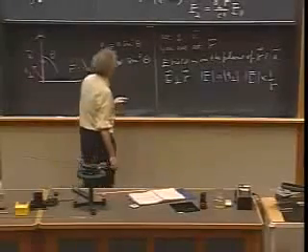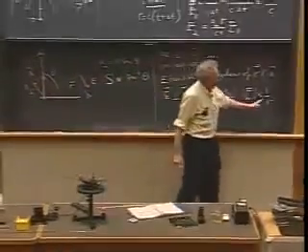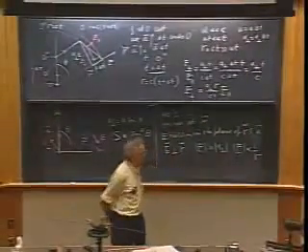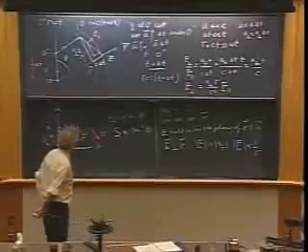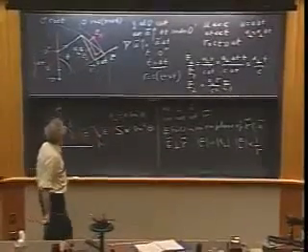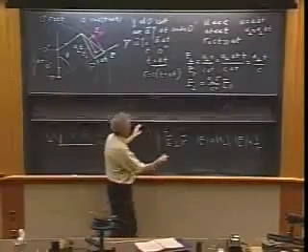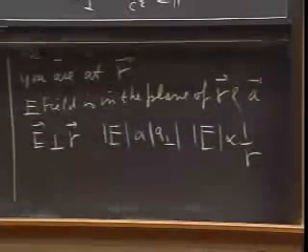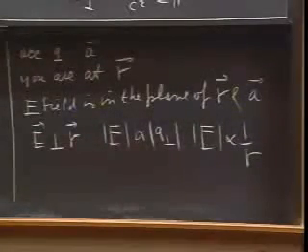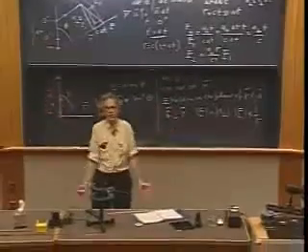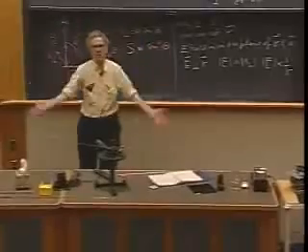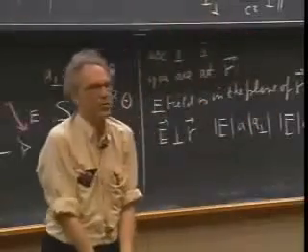The 1 over R is an obvious thing. It's a consequence of the conservation of energy, because the Poynting vector is proportional to E cross B, so the Poynting vector is proportional to E squared. So imagine now that you have a sphere with radius R, and you want to know all the energy that flows through that sphere. So you have to integrate over the entire sphere.